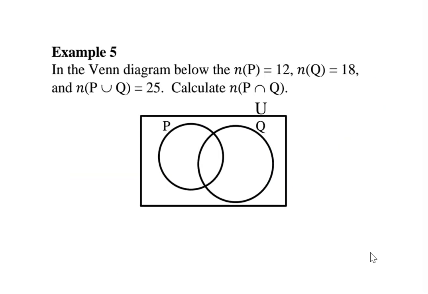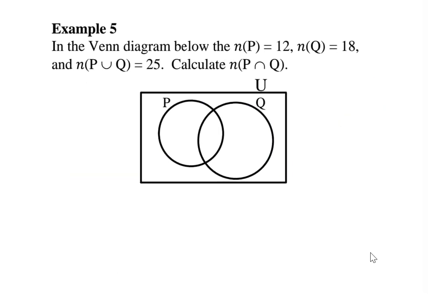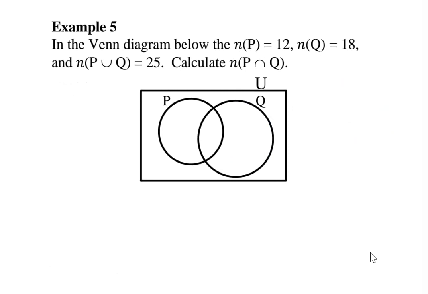All right, example 5. In the Venn diagram below, the number of elements in P is 12, the number of elements in Q is 18, and the number of elements in P union Q is 25.